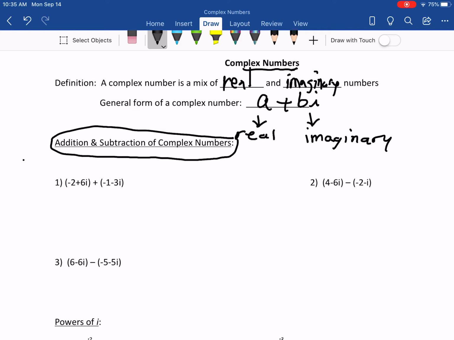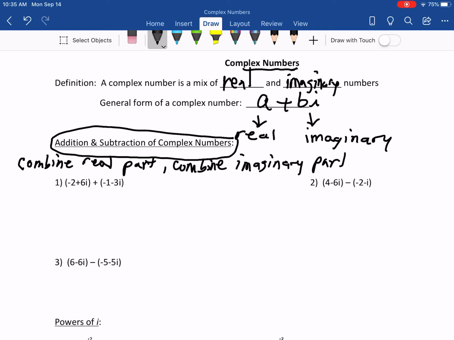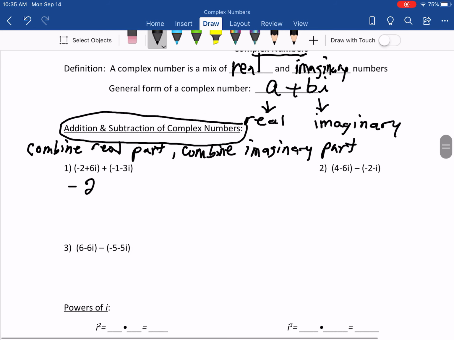So to add or subtract complex numbers, combine the real part and combine the imaginary part.